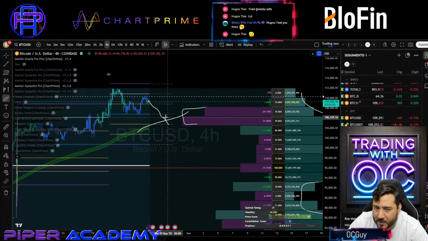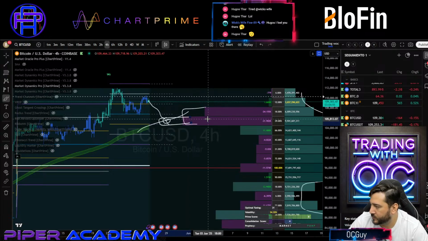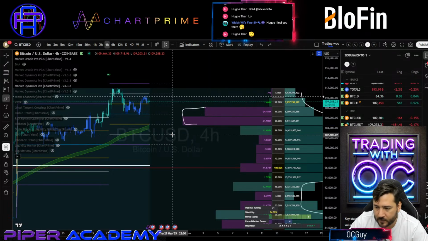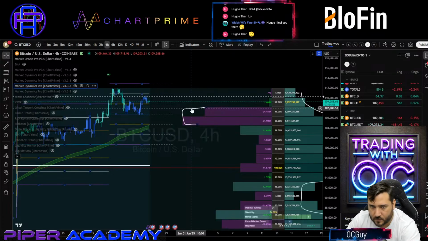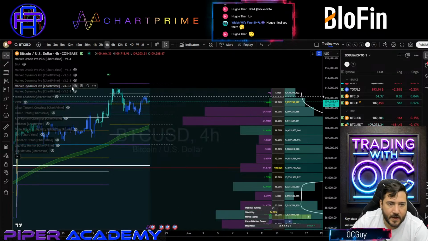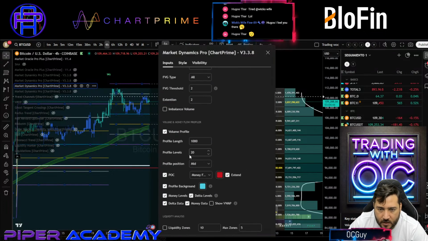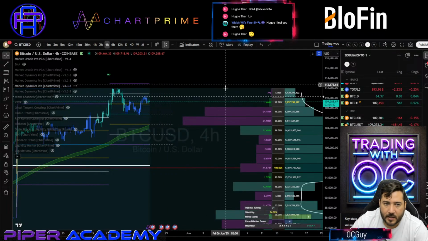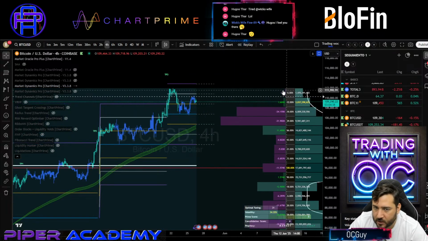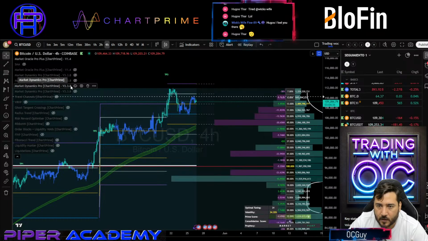Well, I do know where my dynamic reactor is going to be, matching the bigger pole. So let me get rid of this, and let's go somewhere around here. Instead of 20, let's go 30 levels. I think this is going to be a much better perspective. You'll see. All right, perfect.